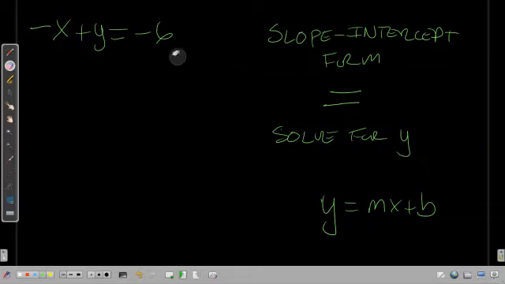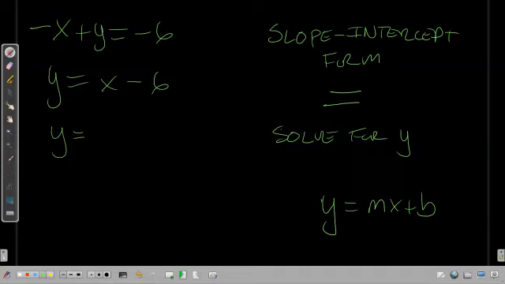So all I need to do is add x to both sides. Y equals x minus 6. Multiplicative identity says that x equals 1 times x.